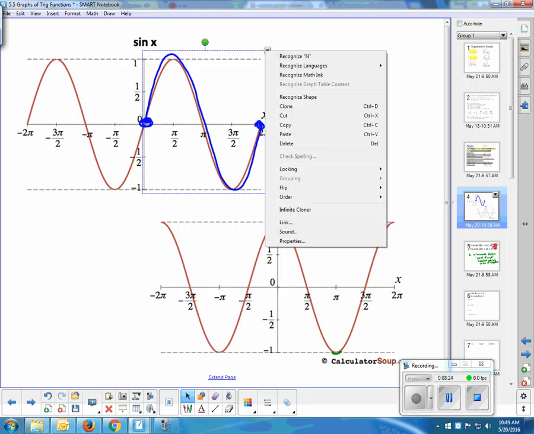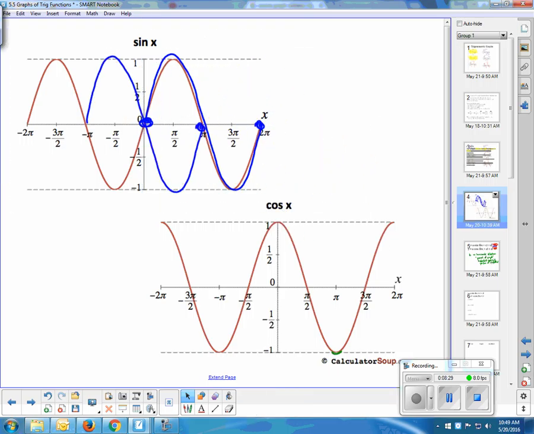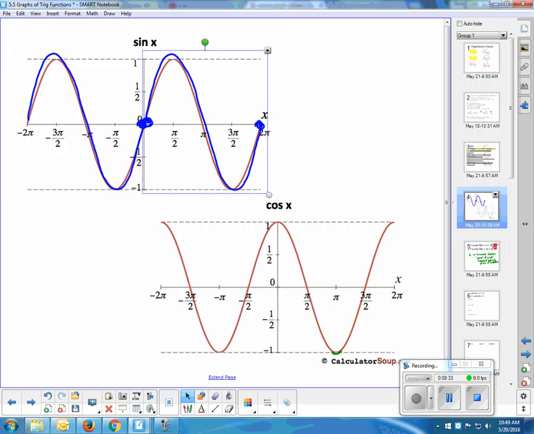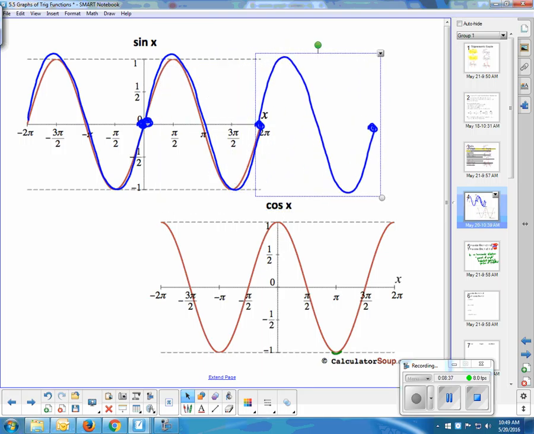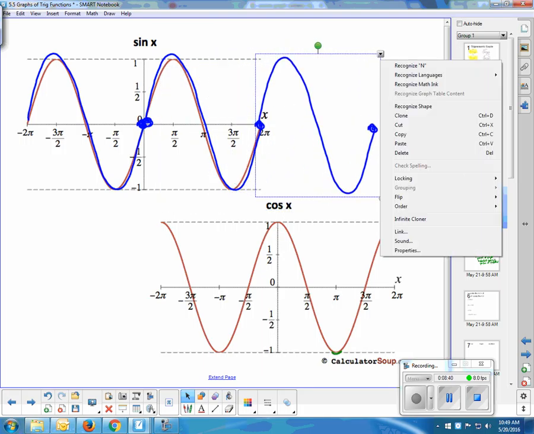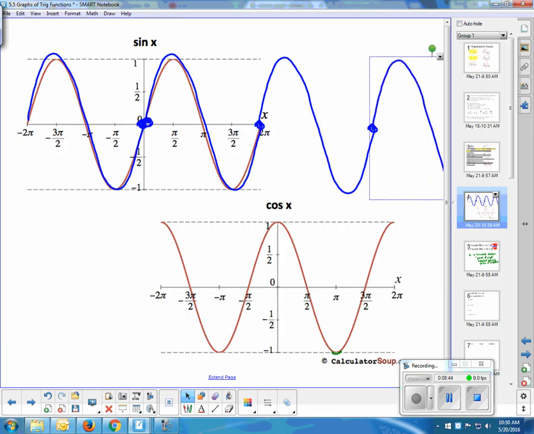If I make a clone of it, I get this second clone right here. If I pull it over here, it matches up exactly. And I could continue to make clones of it and continue the sine function graph forever.